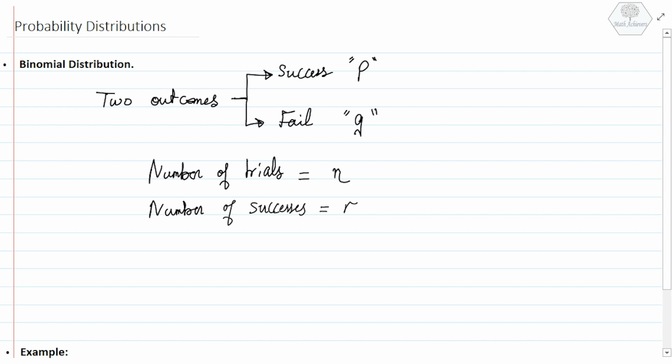So the binomial distribution outcome would be in this formula: N combination R times the probability of success to the power of R times the probability of fail to the power of N minus R. You don't have to panic, because this is the value of the probability.